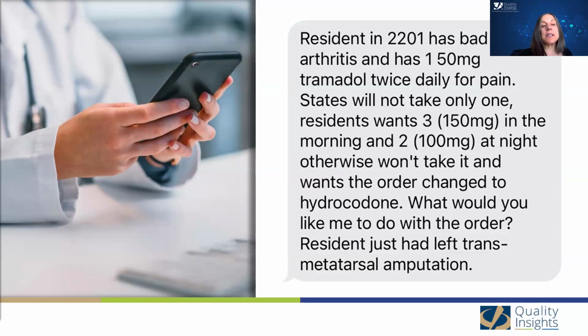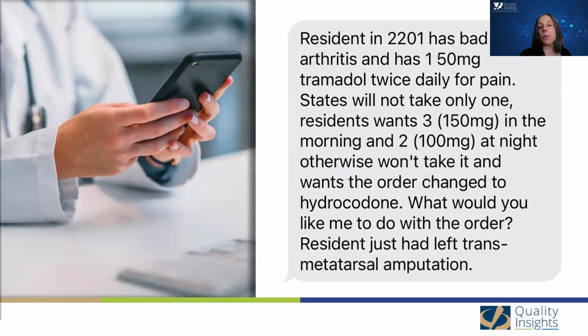So the text is: resident in 2201 has bad arthritis and has 50 milligram tramadol twice daily for pain. So tramadol is our opioid. States will not take only one. Resident wants 3. So 150 milligram total dose in the morning, and 2, which is 100 milligram at night.